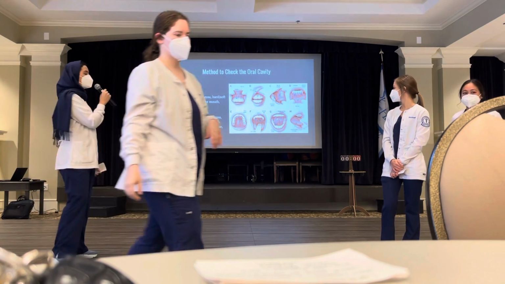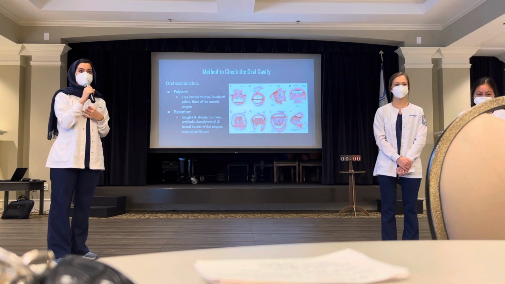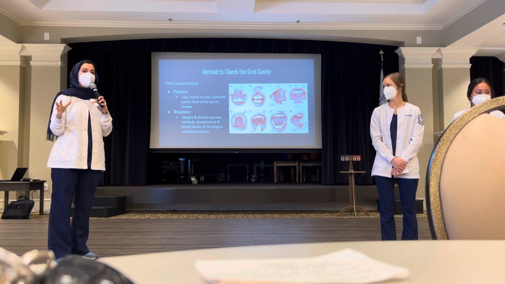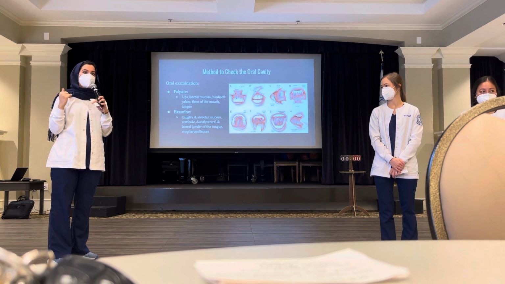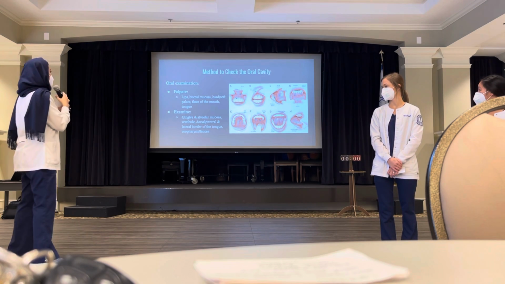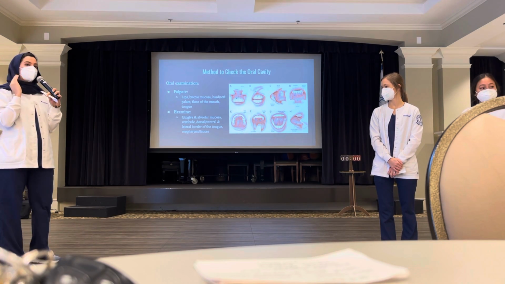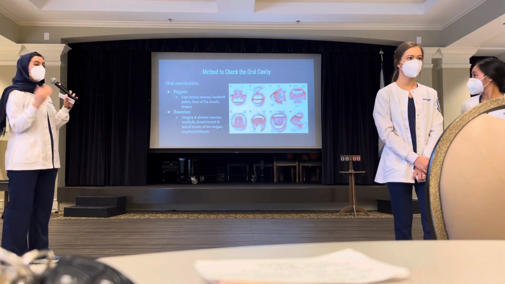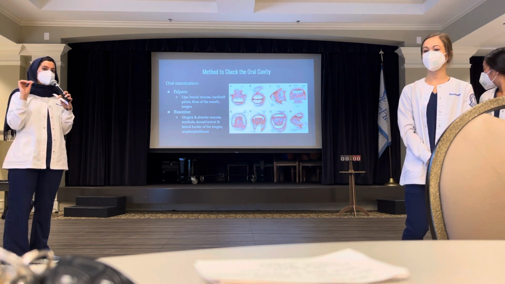So for our oral examination, that's what we are doing in our clinic when a patient comes. Before we proceed with anything, we check their intraoral, extraoral examination. So you need to palpate the lips, the buccal mucosa, which we call cheeks, the hard and soft palate, floor of the mouth. We need to palpate the tongue.